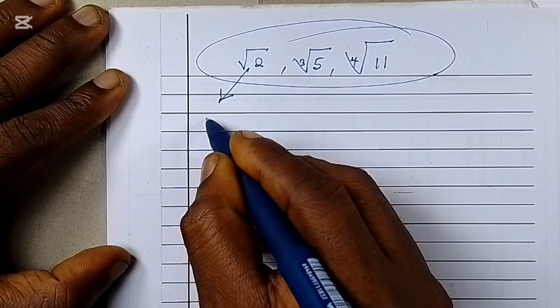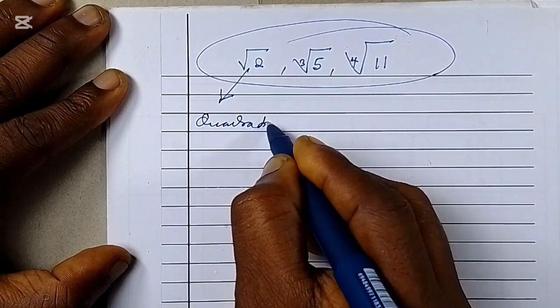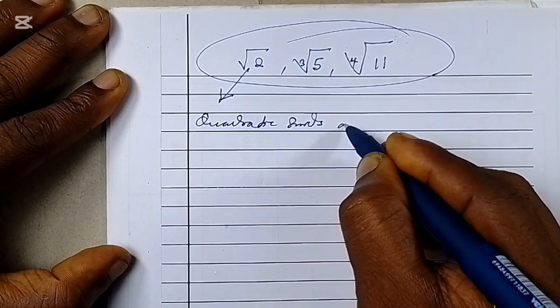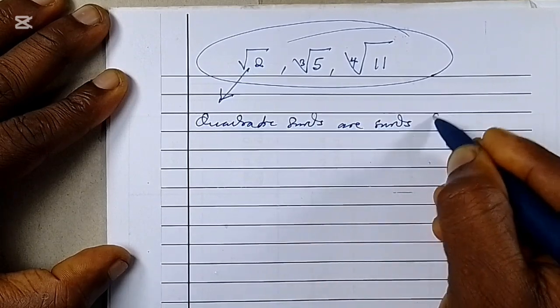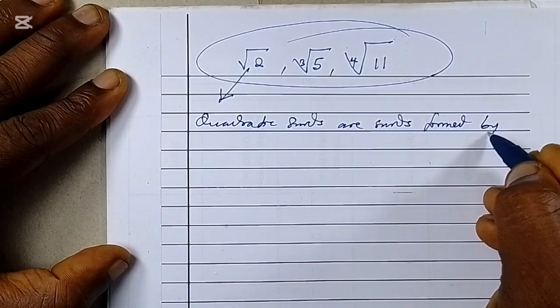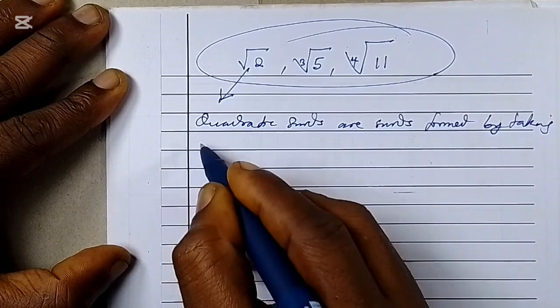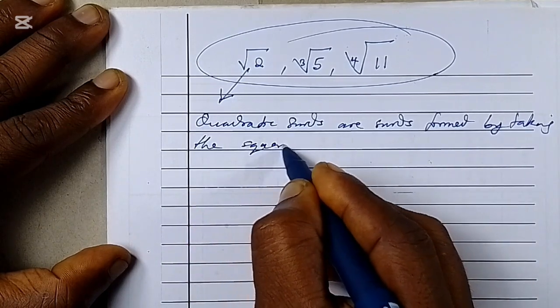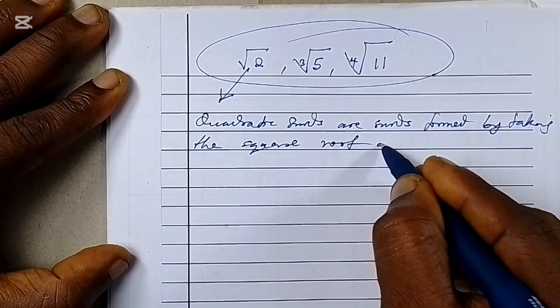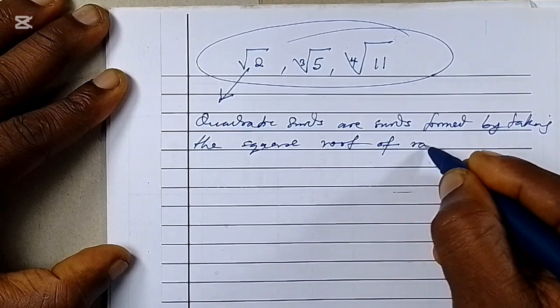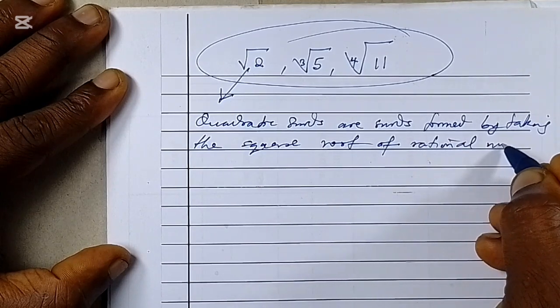So, simply put, quadratic surds are surds formed by taking the square root of rational numbers.